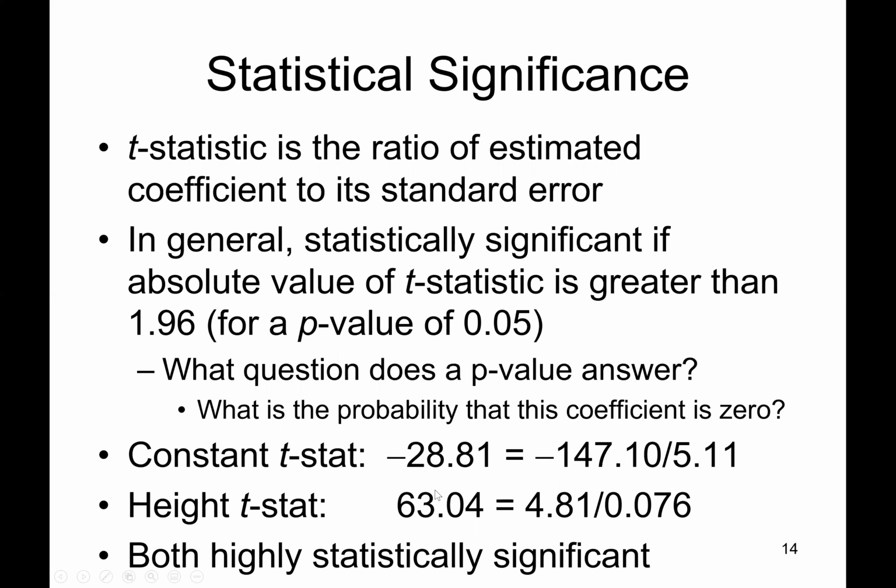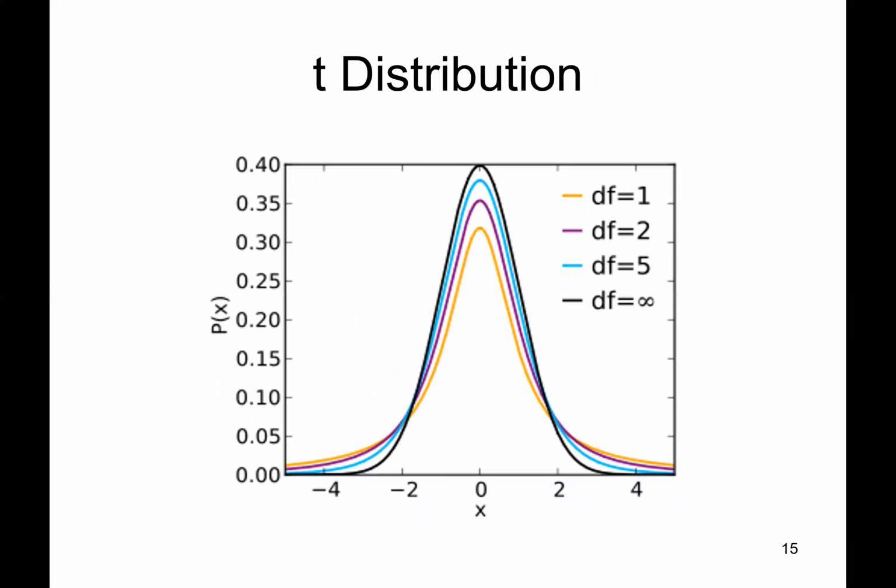Both of these, both the negative 28 and the positive 63, are obviously much larger than the critical value of 1.96. The calculation of the t-statistic comes from some distributional assumptions using the t-distribution. We don't really need to get into the details there, other than to say the assumptions of the t-distribution are usually pretty good given the size of data sets that we work with in health economics.